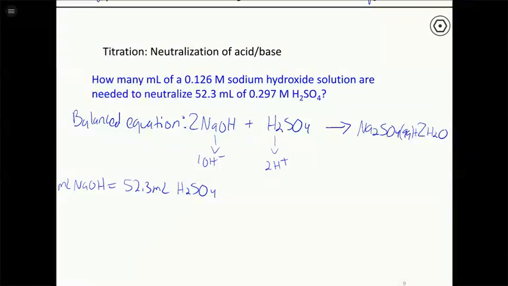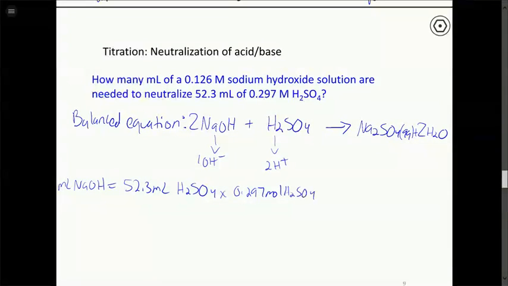For sulfuric acid, we know that we have 52.3 milliliters, and the molarity is 0.297. We're going to use that to calculate the moles of sulfuric acid. The molarity is 0.297 molar, so that's 0.297 moles per 1,000 milliliters.